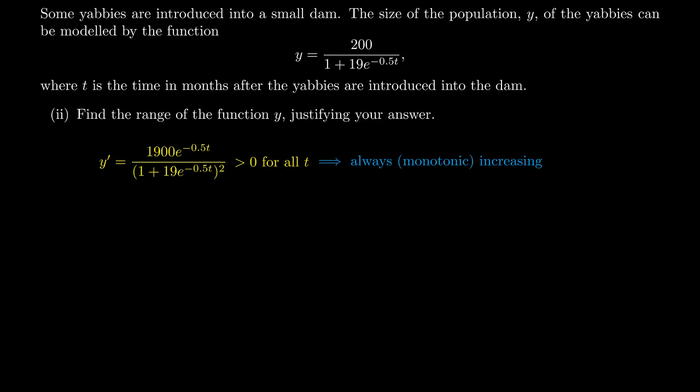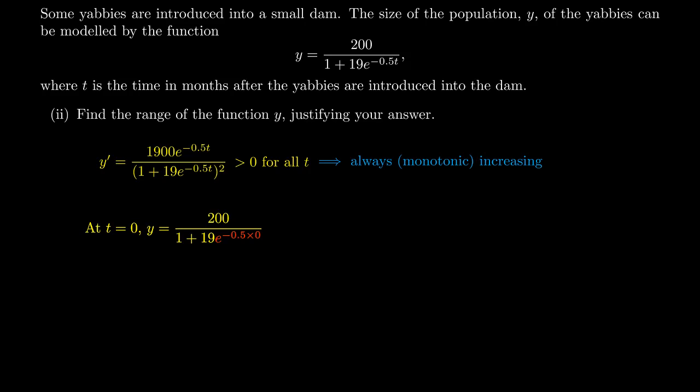We call that monotonic increasing sometimes, but that's very useful to know, that the function's always going to be increasing. Now why is that? Because if we calculate the starting value, so when t equals 0, how many yabbies were there at the very beginning? We replace the t with a 0, and you see how in that term t's become 0.